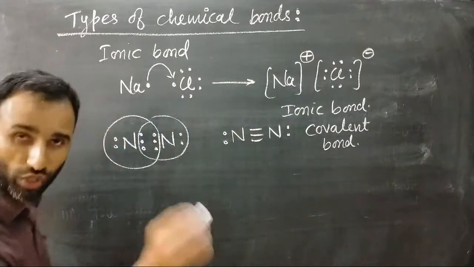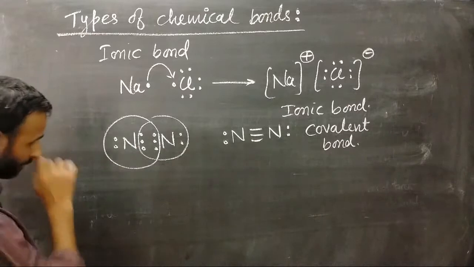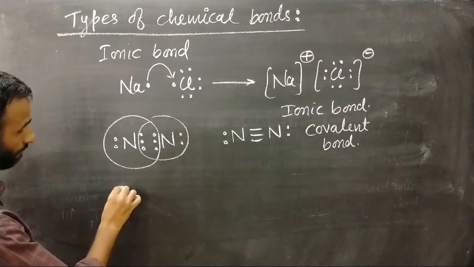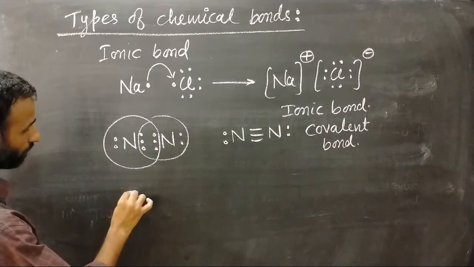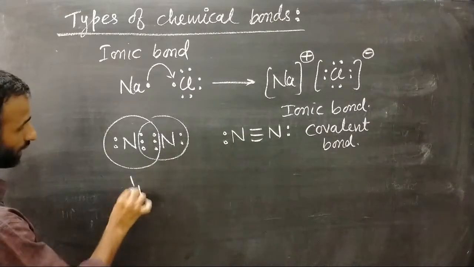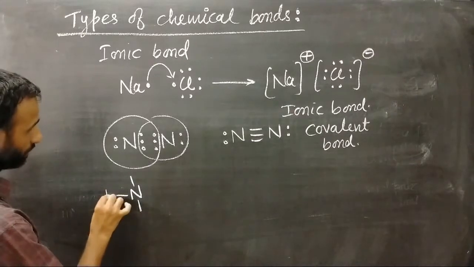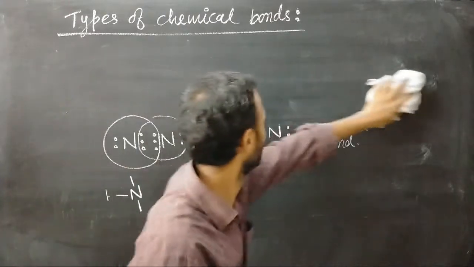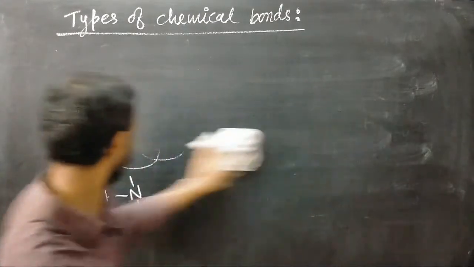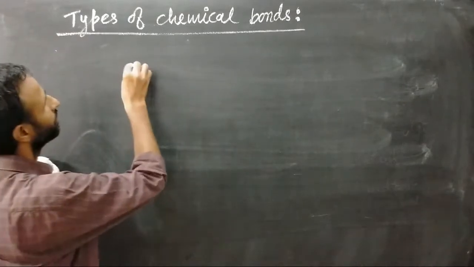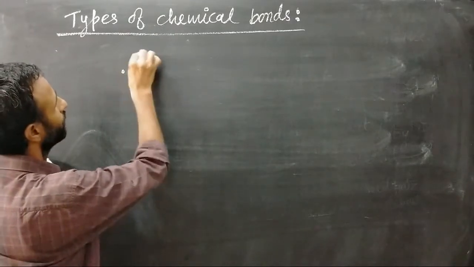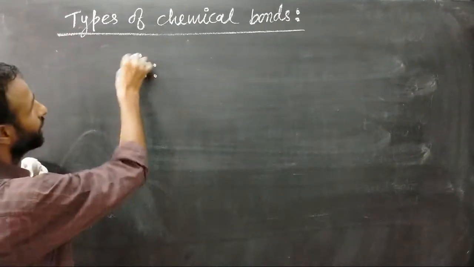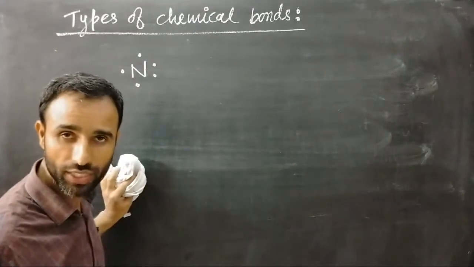Okay, now the third type. For example, see, nitrogen can form 3 bonds. Nitrogen, you know, has 5 valence electrons. Out of 5, it needs 3 more to complete its octet.